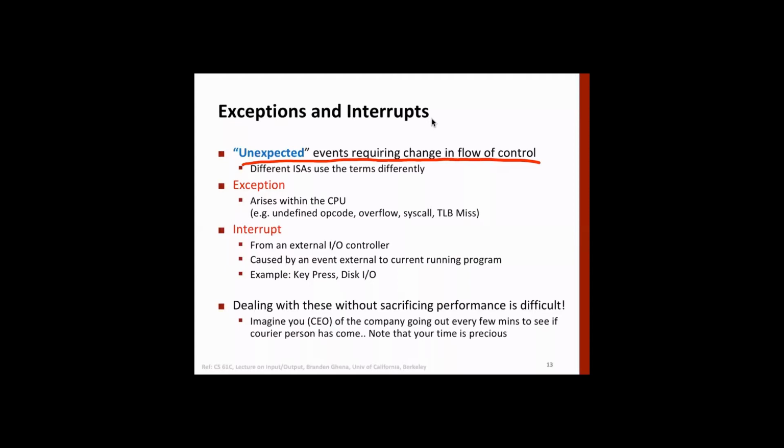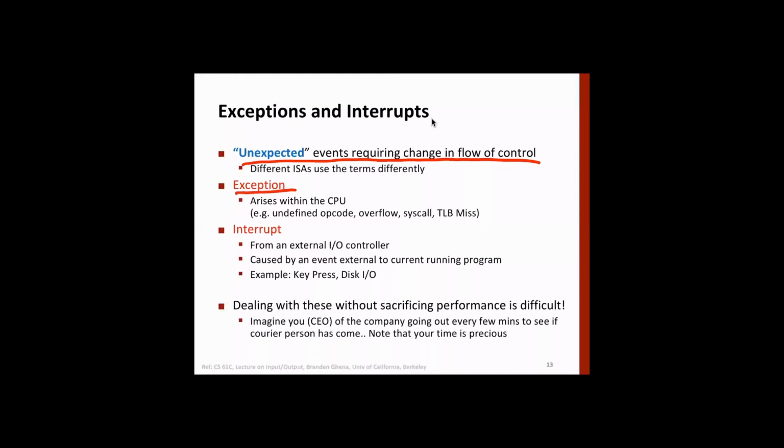Okay, so the event could be an internal event. For example, the CPU is executing an instruction and it results in overflow. Okay, or it can have some other kind of fault. And that is called an exception.